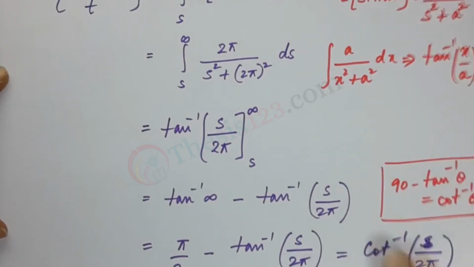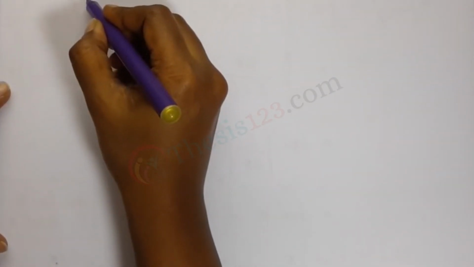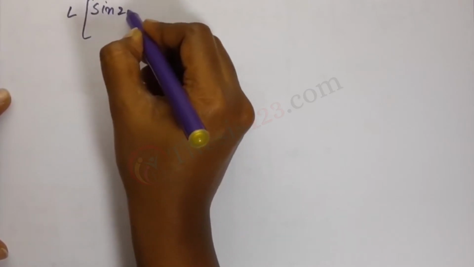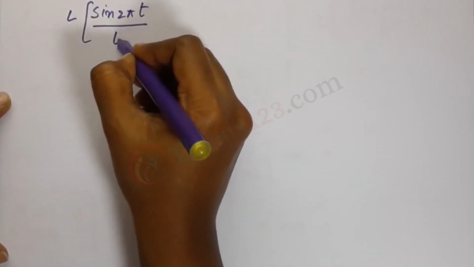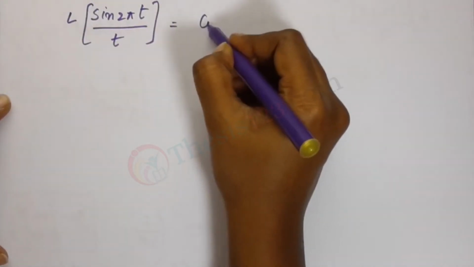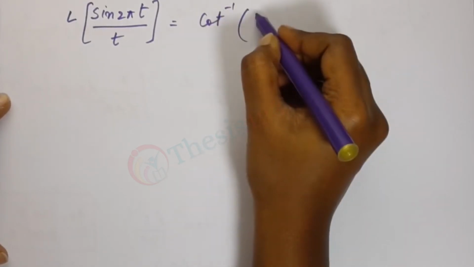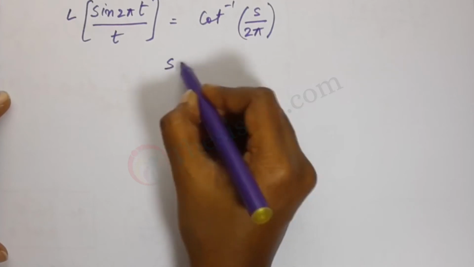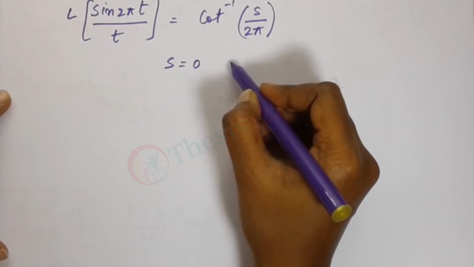Now I'll work it out over here. The next step is, we have L of sine 2 pi t by t is equal to cot inverse of s by 2 pi. This is what we have. Now let's substitute s is equal to 0.